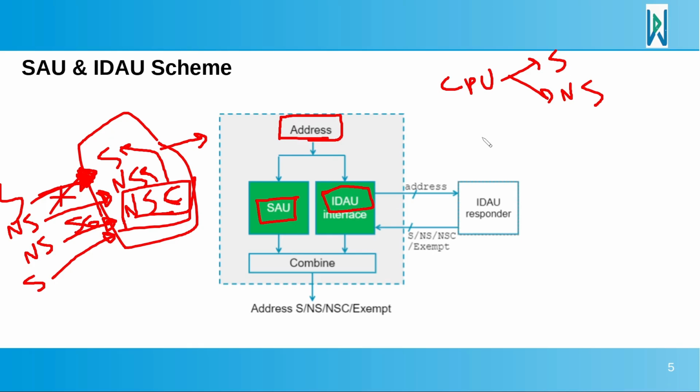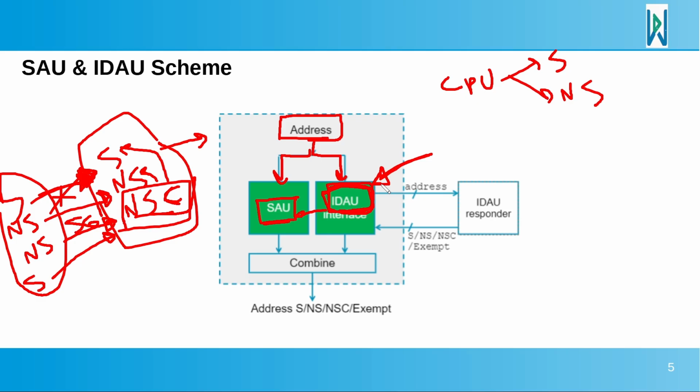Now, the assignment of these attributions to the different addresses is done via those 2 blocks, implementation defined attribution unit and security attribution unit. So the address to access must be checked first of all against the SAU and IDAU configurations. The implementation defined attribution unit is kind of hard-coded information.